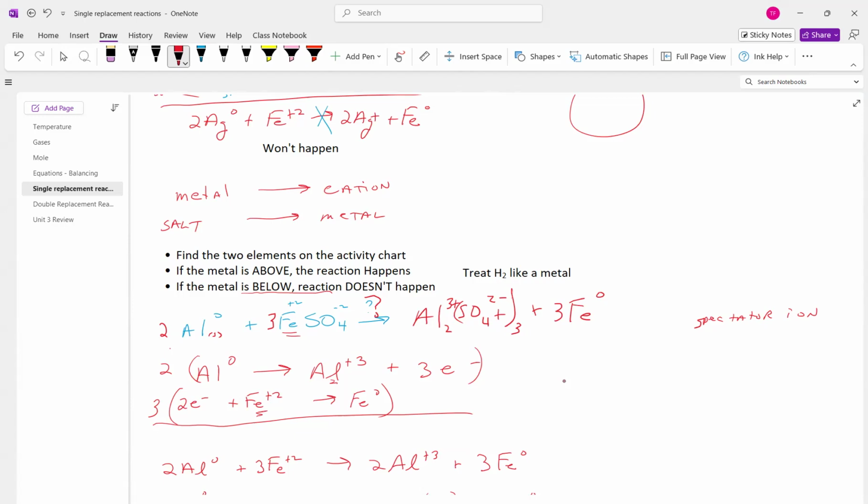Now, if you do the half reactions, you end up with the same result without the spectator ion. If you balance it first, you don't have to do the half reactions because it carries the spectator ions with it, the SO4. Okay, so now we need to find aluminum and iron on that reactivity chart.